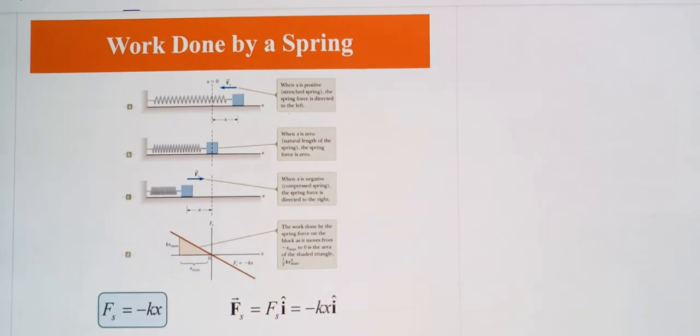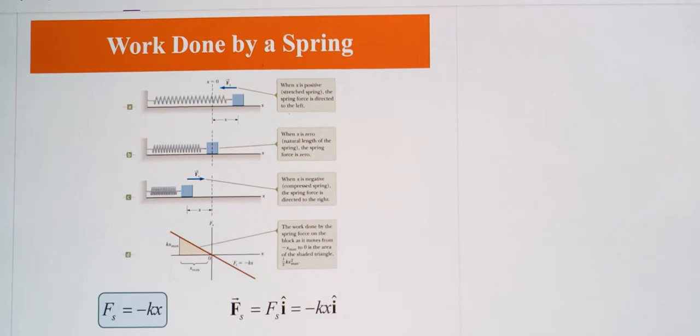Those three types are conservative forces, and we also call it mechanical energy. When you transfer energy from one type to another, energy is conserved.